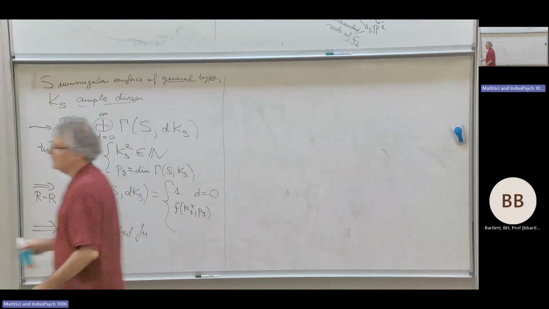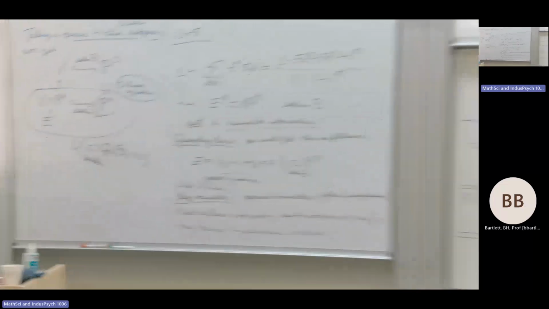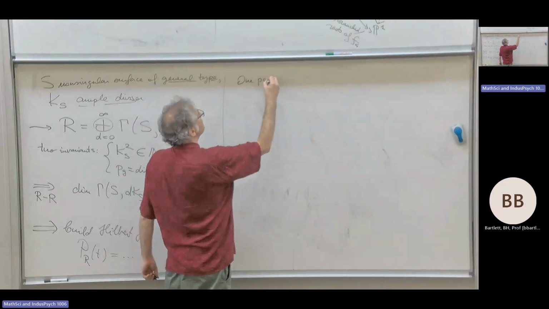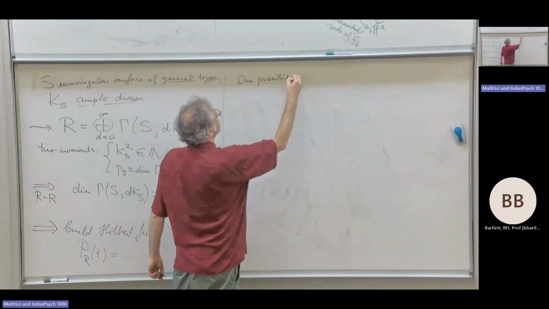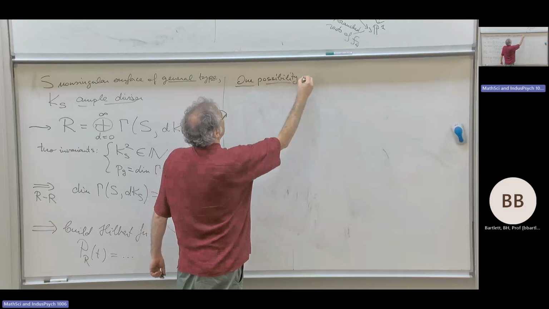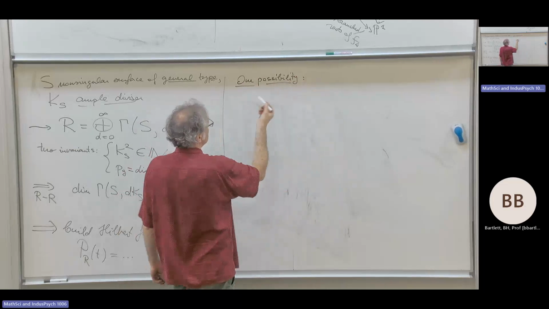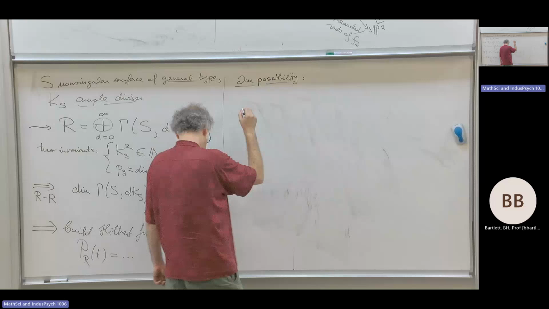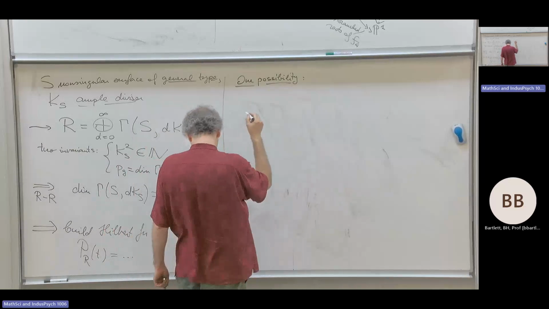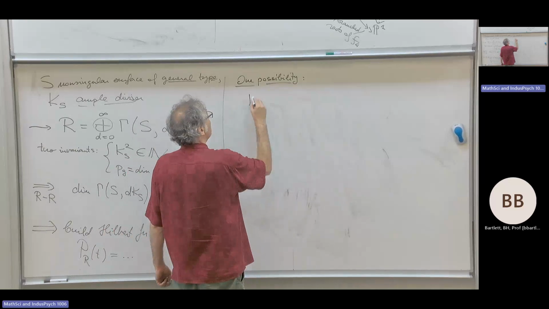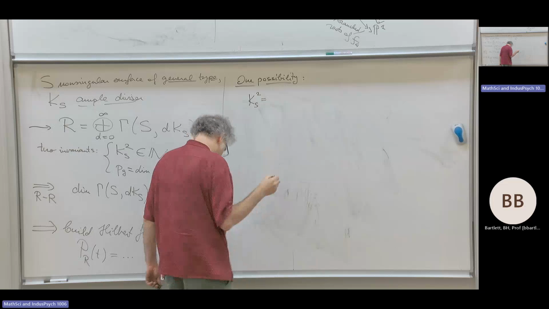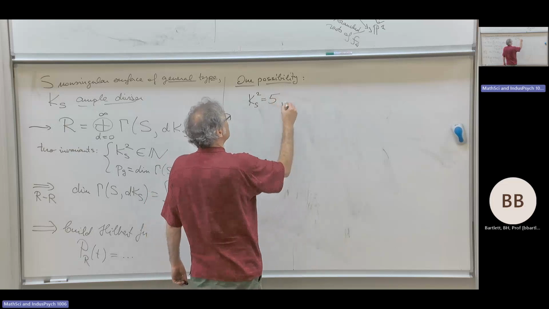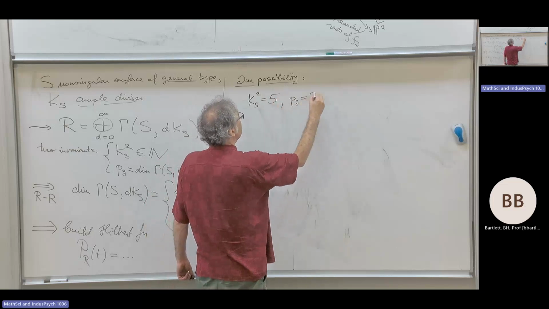So one possibility is, and there are various subtleties here which I'm not saying much about, you start with Ks squared equals 5 and Pg equals 3.